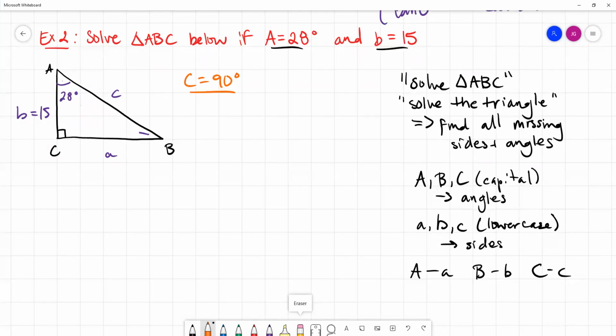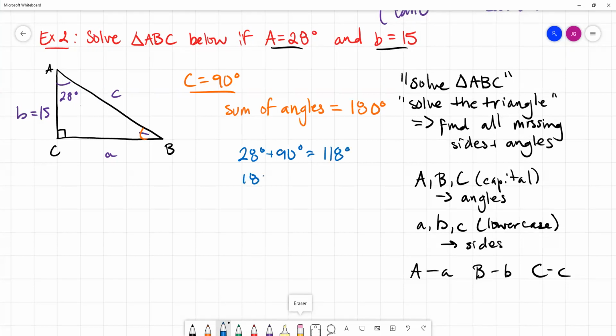And then remember, we need to find this last angle, angle B. How are we going to find that, do you think? Well, remember that the sum of angles in a triangle is 180 degrees. So what I can do is add up 28 and 90 and subtract from 180 to find the missing angle B. So add 28 degrees and 90 degrees, and that's going to give us 118 degrees.